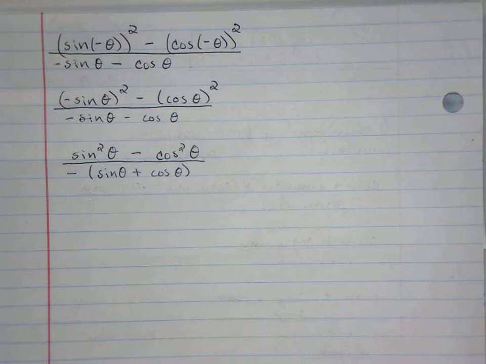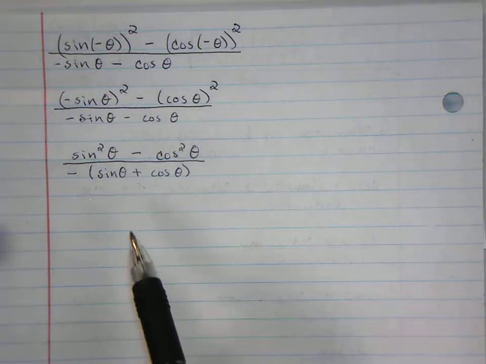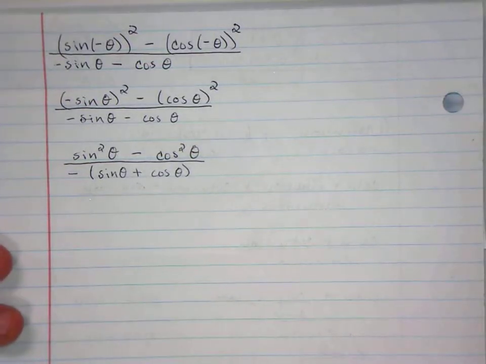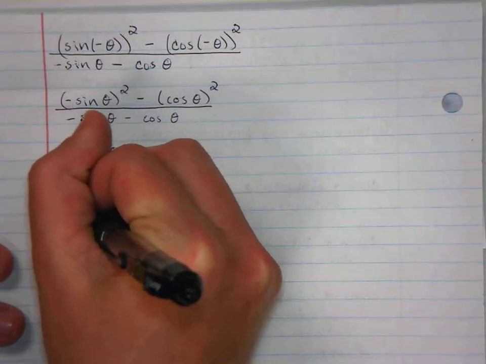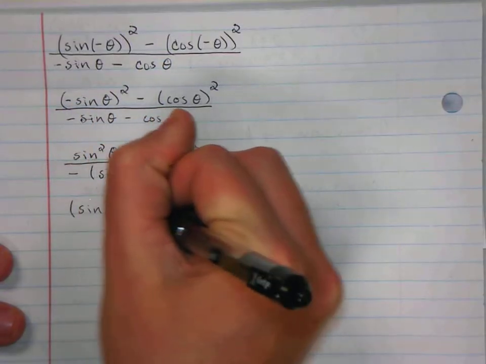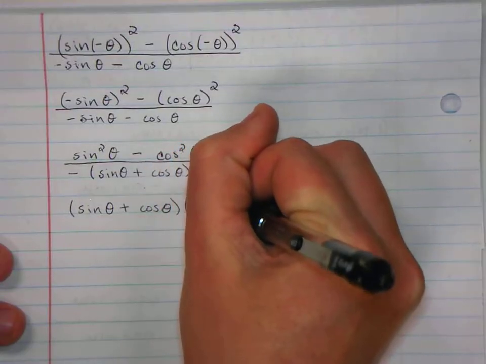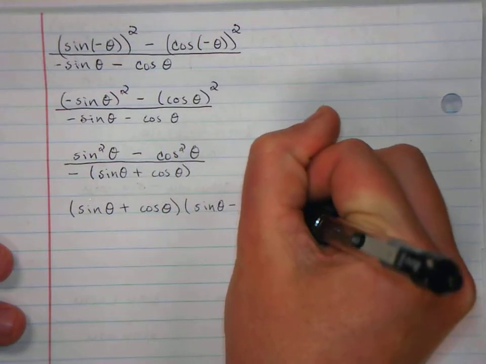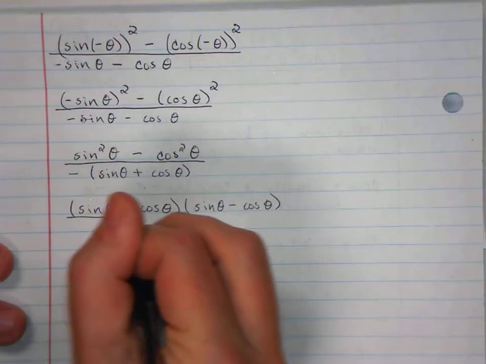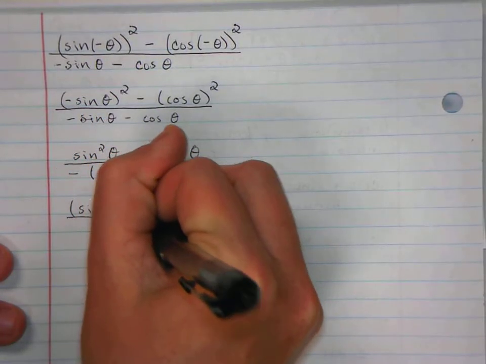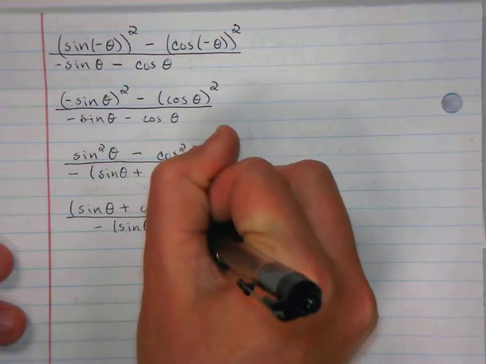But it is minus. So what I want to do here instead is, remember one of our techniques in example 1 was to use factoring. So I'm going to go ahead and recognize that that's a difference of 2 squares, and rewrite this as sine theta plus cosine theta times sine theta minus cosine theta all over negative sine theta plus cosine theta.